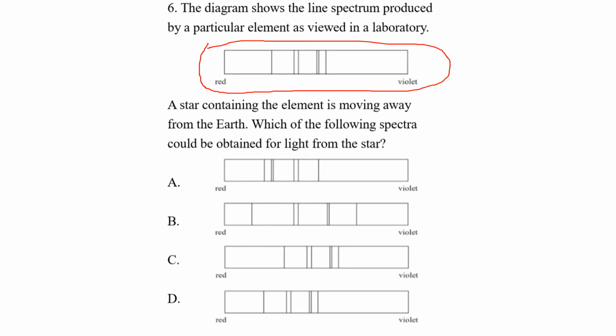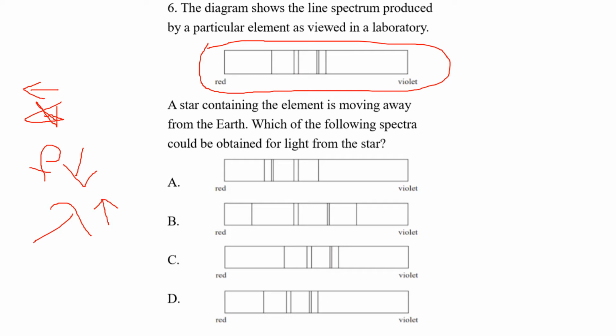According to the Doppler effect, when the star is moving away, the frequency will decrease and the wavelength will increase. In this case, we call this redshift. So the light spectrum from the star actually has a redshift.